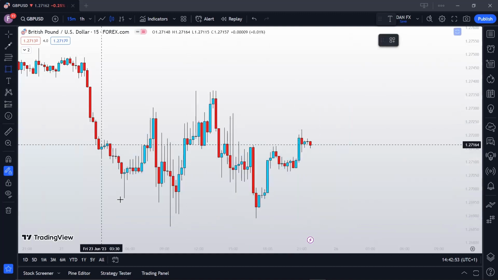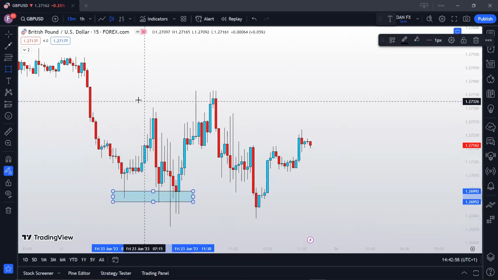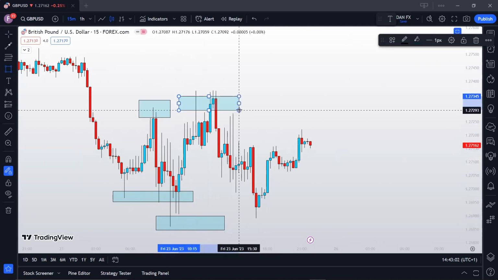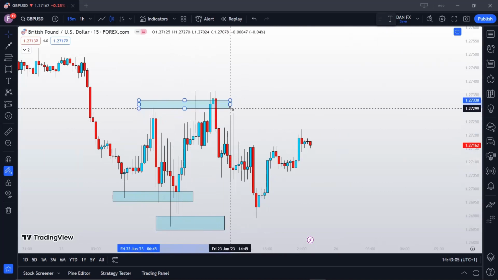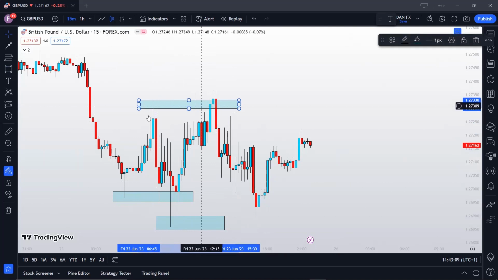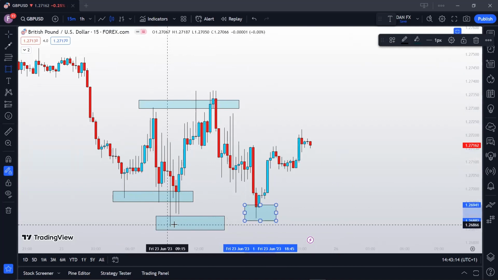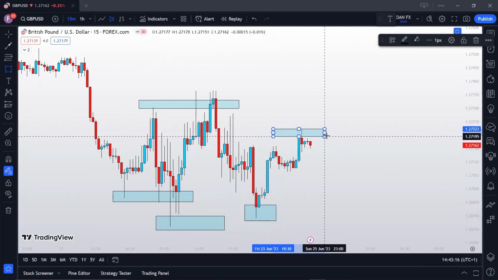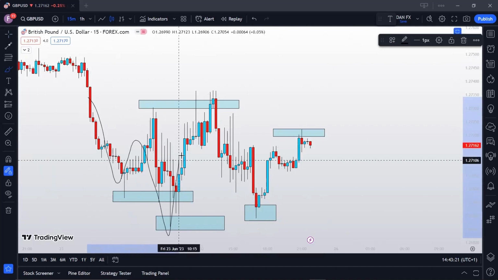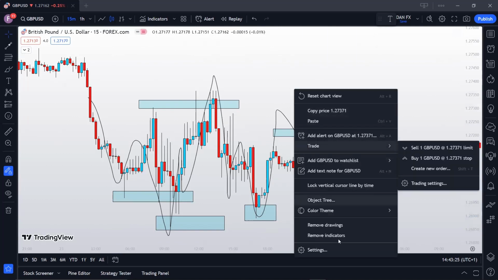Because we have this low here, we have this low here, we have this high, we have this low, we have this high, and this high is almost equal to this high, and then we have this low here, which didn't break this low, and then we have another high here. All right, so what is basically happening is this is an irregular movement, just up down, up down, up down. So this is basically sideways movement.